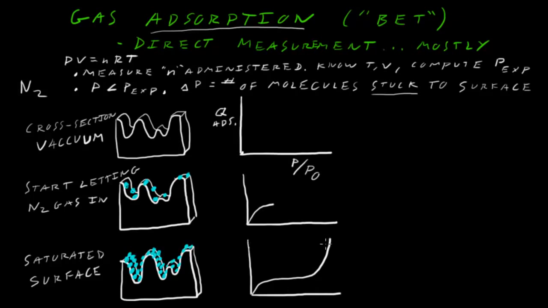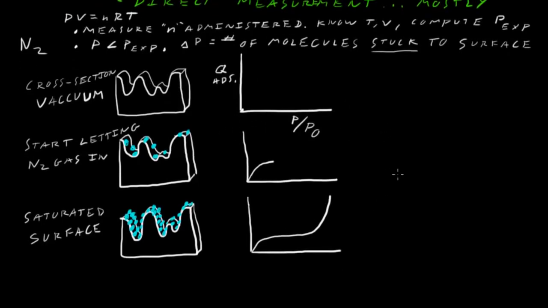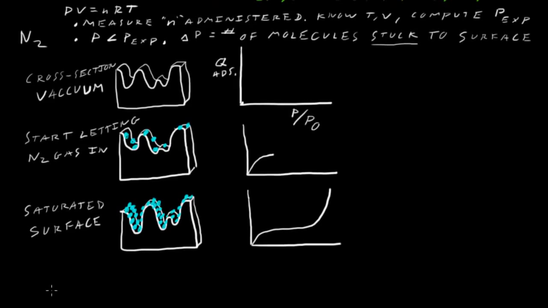How do we convert that into an area? Well, we know that one molecule of nitrogen has a certain area that it occupies. So one molecule of nitrogen takes up 0.162 square nanometers of space, because it sits in its own little area, but it kind of vibrates around, so it has basically a personal bubble that it takes up.